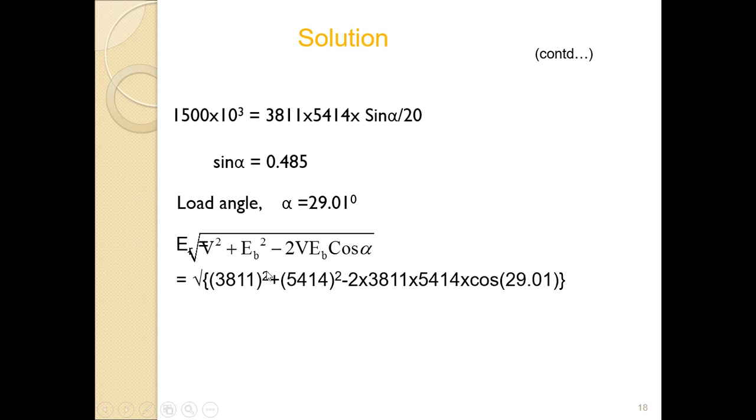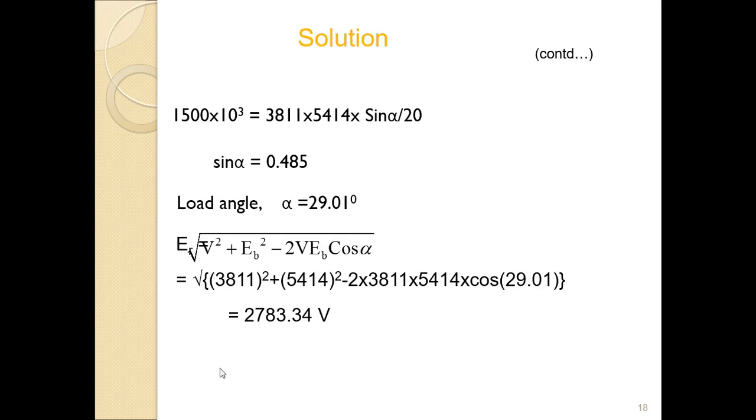So that is square plus 5414 square minus 2 into V, that is 3811 into 5414 into cos alpha, that is 29.01 degrees, which gives the ER value as 2783.34 volts. Which is nothing but a phase value, ER per phase.